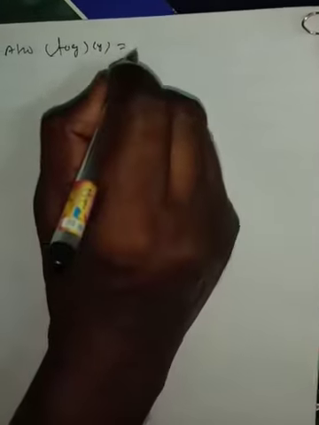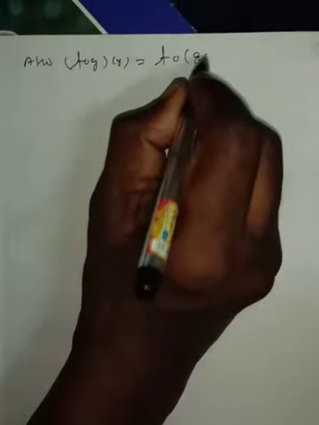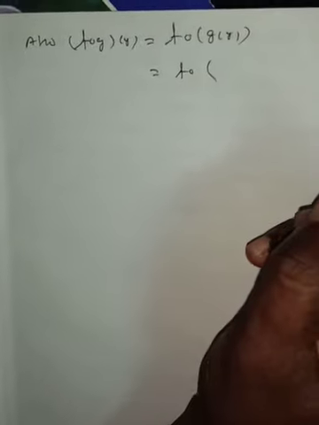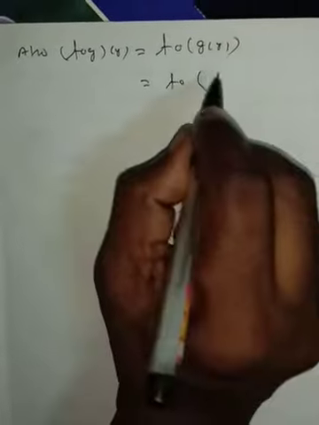Now (f of g) of y is equal to f of g of y. g of y is (y plus 5) divided by 3.